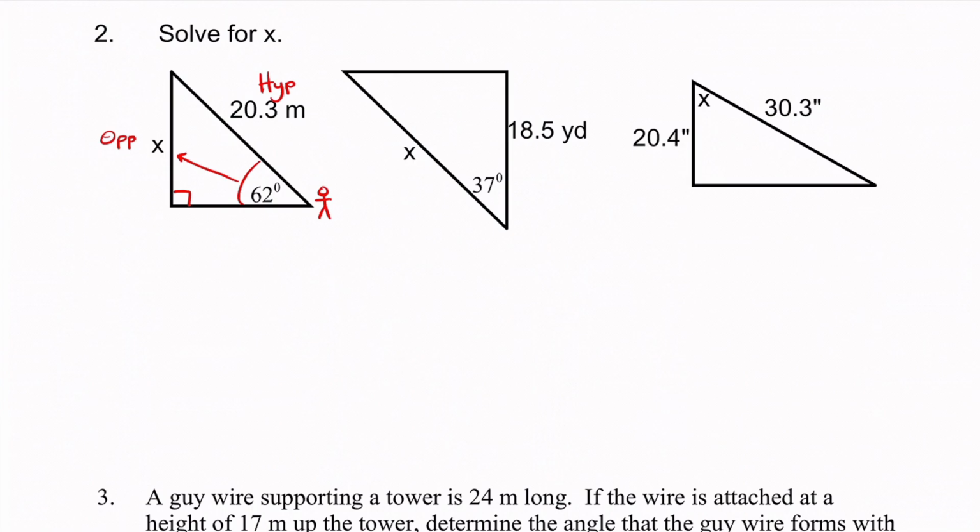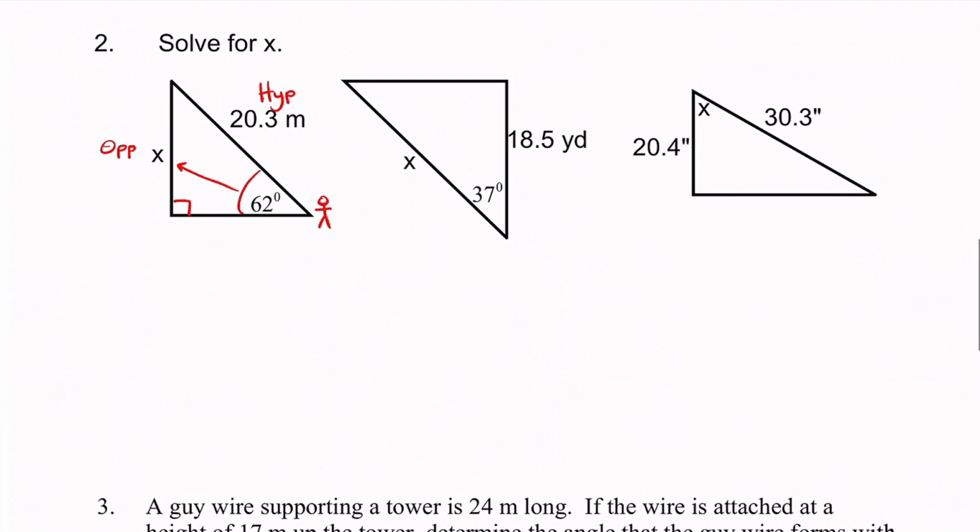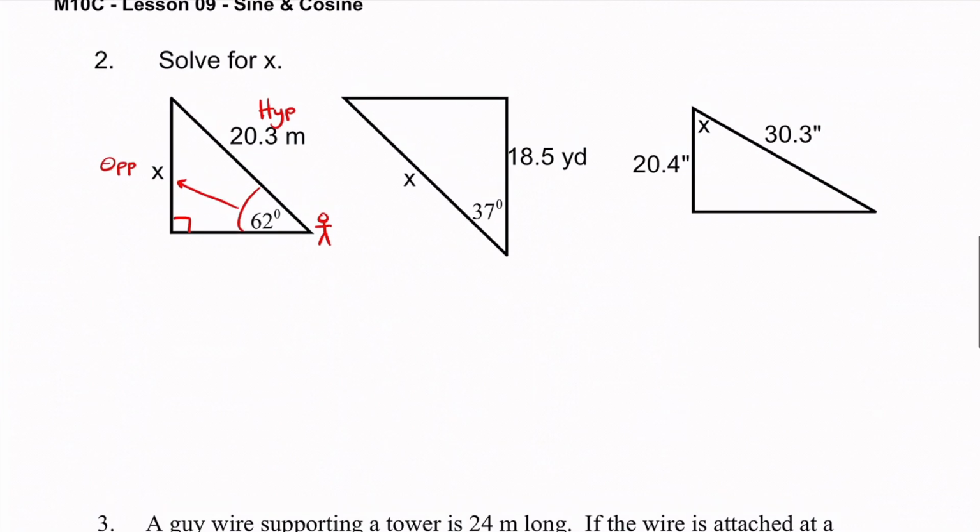Now in this case, and in these questions today, because we have 3 options, we have sine, cos, or tan, and I'm just going to write those at the top here. So because we have 3 options to choose, we're going to have to pick the one that will work with the triangle that we're given.